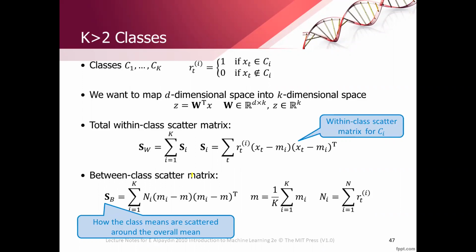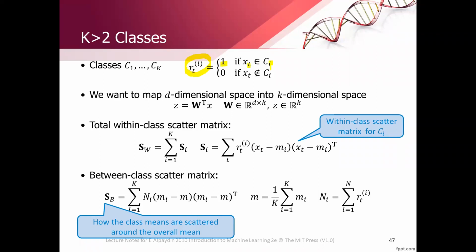In the case of more than two classes, for the labeling, we use such vectors r sub t with superscript i. The superscript is for the class, and it should give 1 if the observation t belongs to class i, and 0 otherwise.